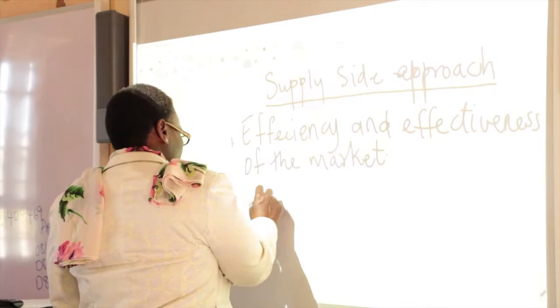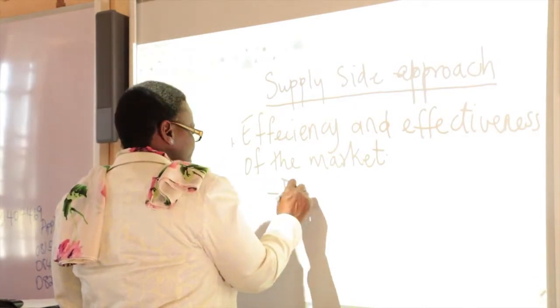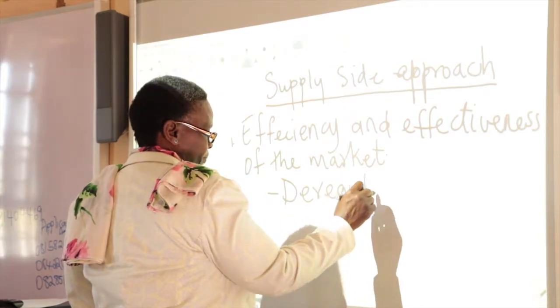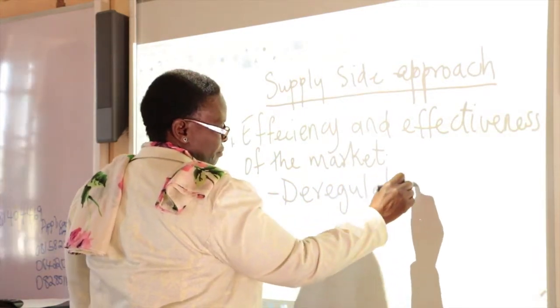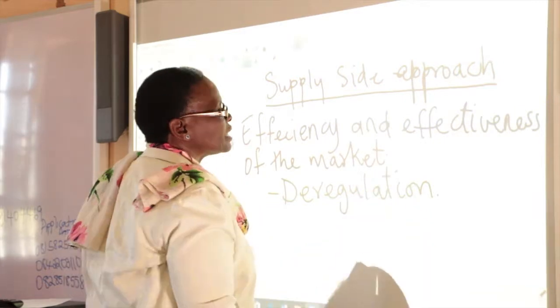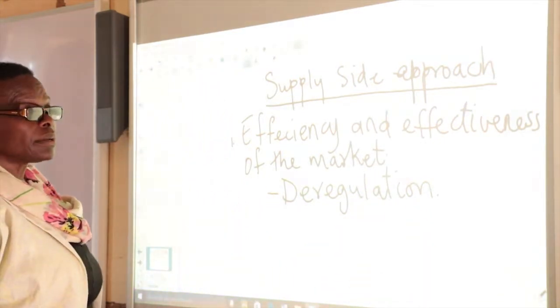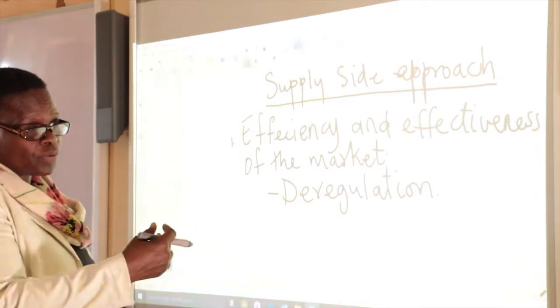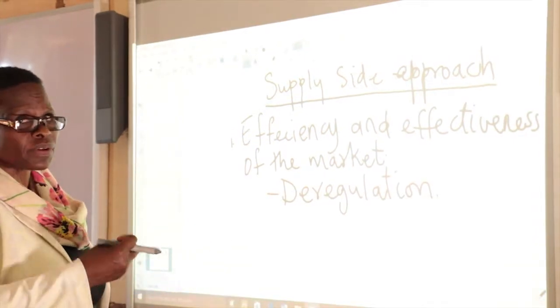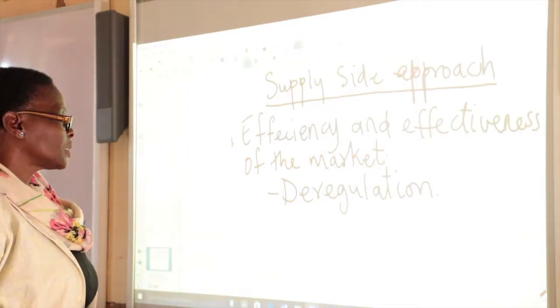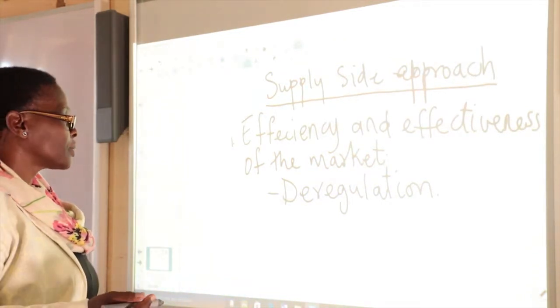We reduce unnecessary deregulation. This is one of them. Now we find that there are unnecessary rules and regulations that become barriers for small entrepreneurs, for example, the informal sector, to participate in the mainstream economy.